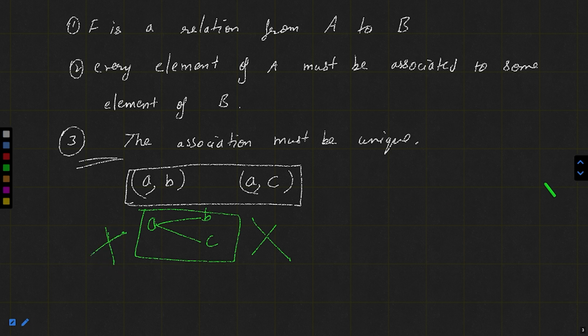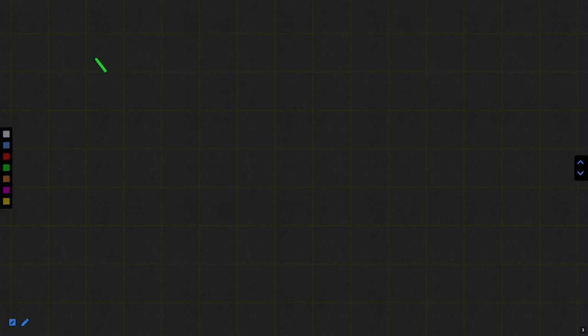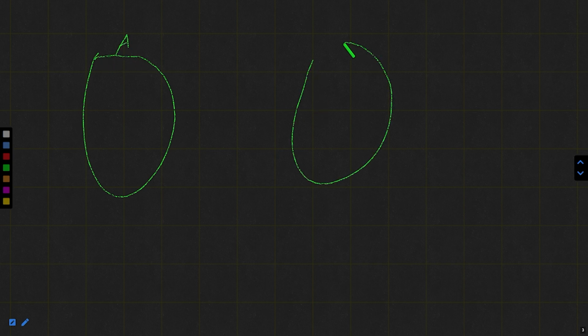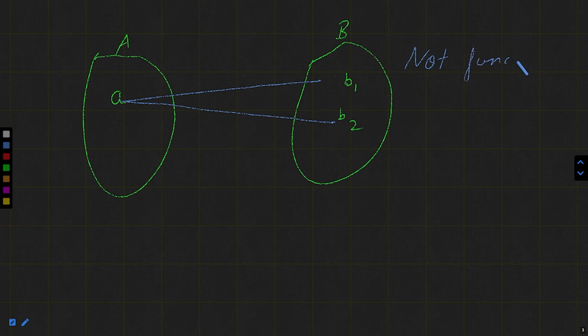If you see pictorially, from the arrow diagram, if this is my set A and this is my set B, and the element A is related to B1 and B2, such a thing cannot happen in a function. So this is an example of not a function.